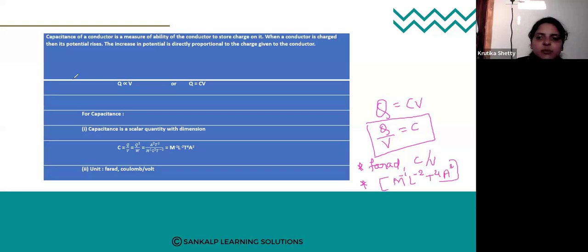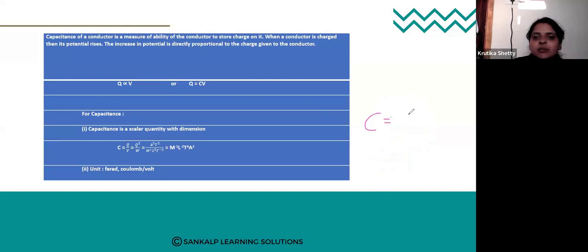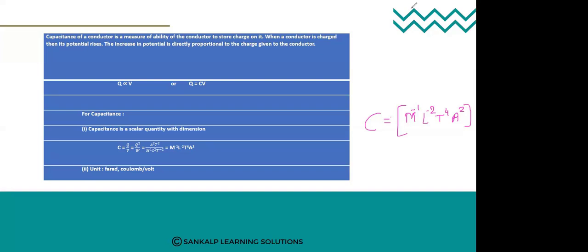Unit I already told you, it is farad, and it is a scalar quantity. So we have the dimension and the unit.